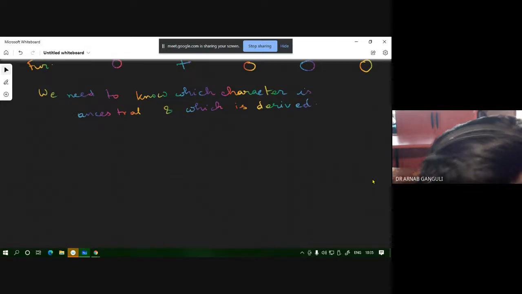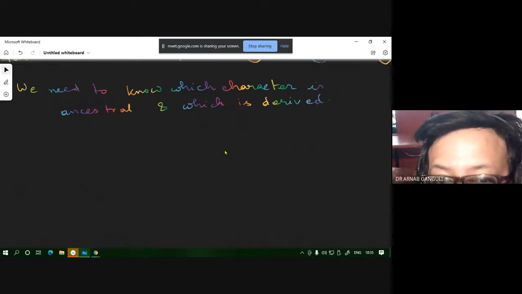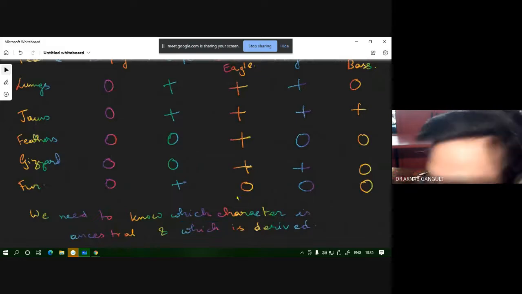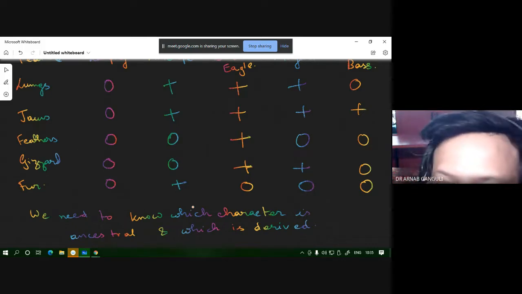For this, look at this table. Which is ancestral characteristic and which is derived characteristic.